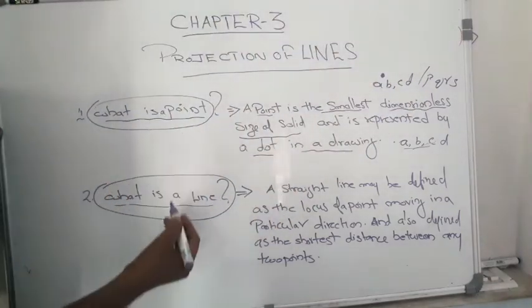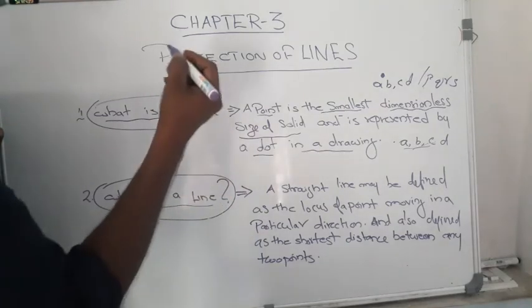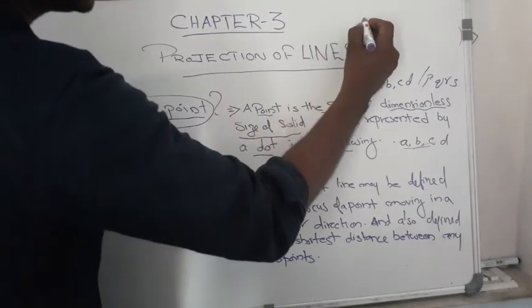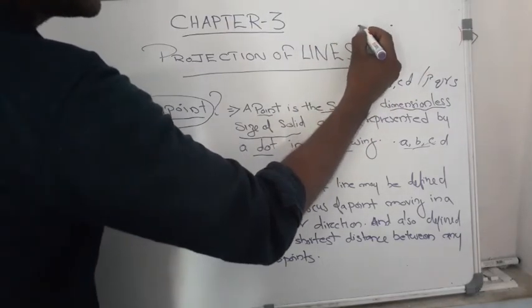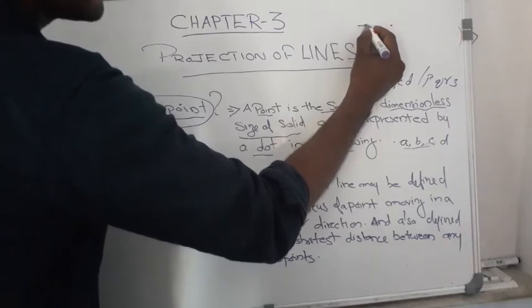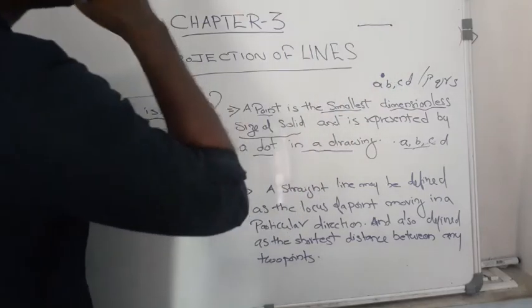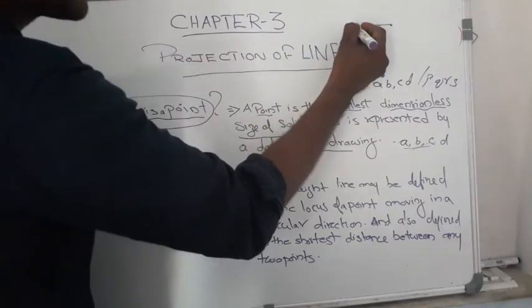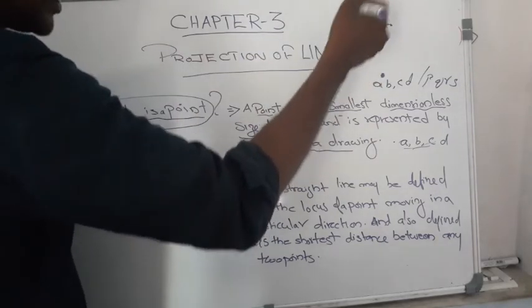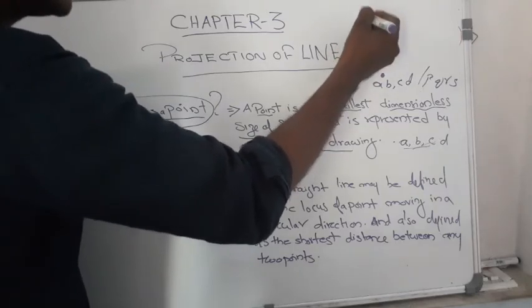That dimensionless object is called a point. See, next, what is a line? When we have to draw a line, first we have to put 2 points. By connecting these 2 points using a line, we get a straight line. That means while we are drawing a straight line, we need a minimum of 2 points.